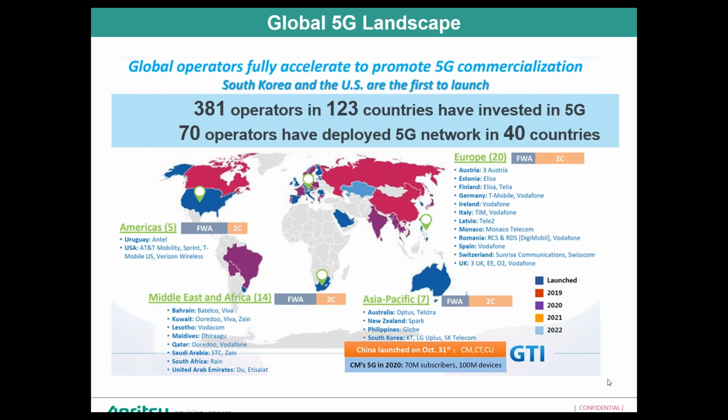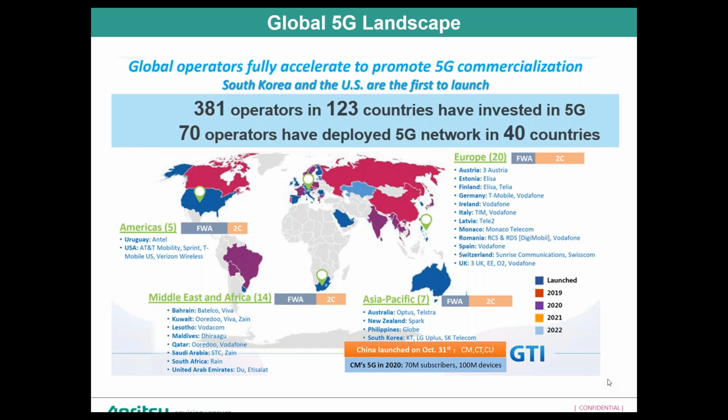If you remember, the first 5G launch in North America happened in December of 2018. In the first half of 2019, the remaining three operators launched 5G. Shortly thereafter, we had launches in Korea, followed by Europe and Australia. So what we're seeing here is that 5G deployment is going on at a very fast pace.